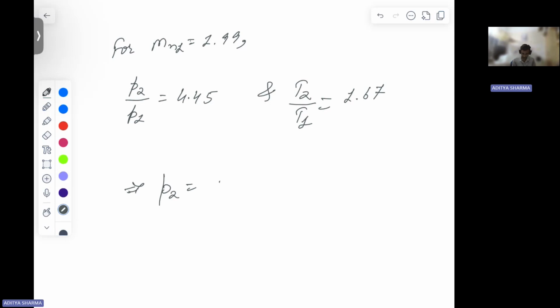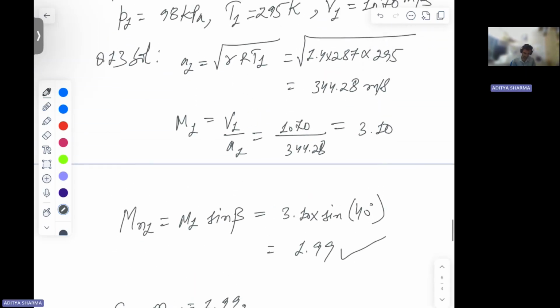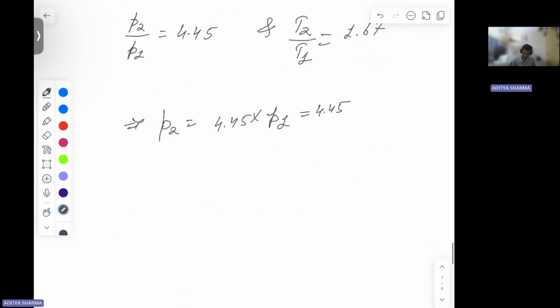P2 is 4.45 into P1. Right? P1 is your 98 kilopascal.